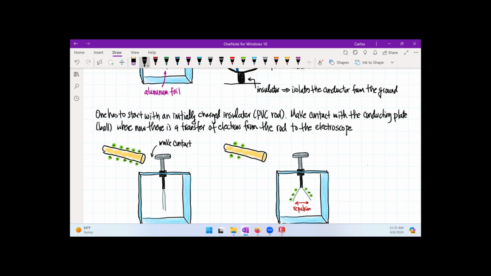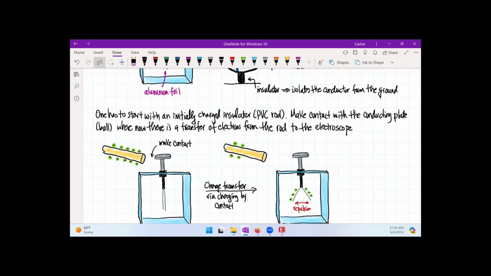In other words, we're doing charge transfer via charging by contact. And the reason why it occurs is it's moving charge from higher energy to lower energy.